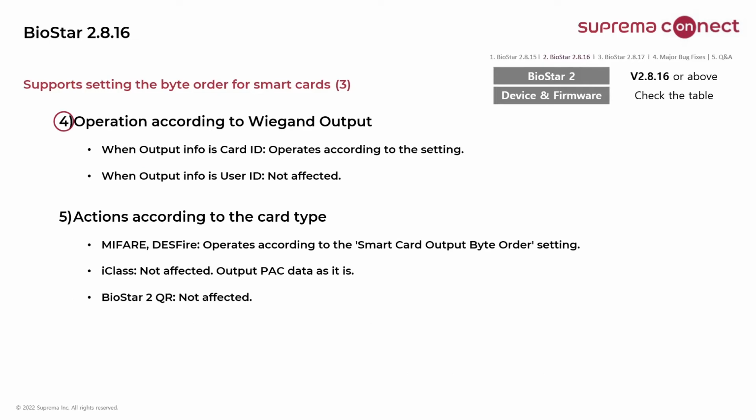Operation according to the Wiegand output: when output info is card ID, it operates according to the setting. When output info is user ID, not affected. Actions according to the card type: MIFARE and DESFire operate according to the smart card output byte order setting. iCLASS is not affected, output pack data as it is. BioStar 2 QR is not affected.